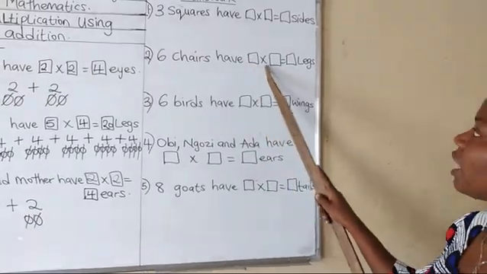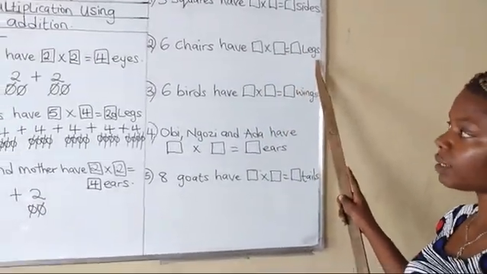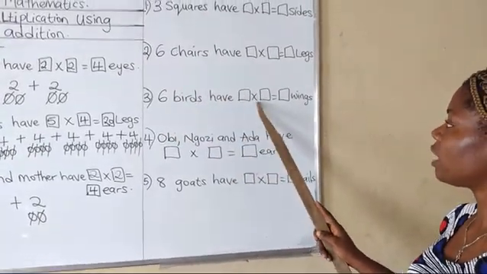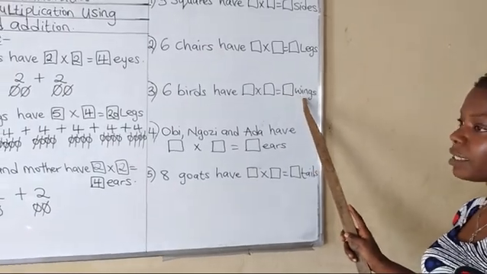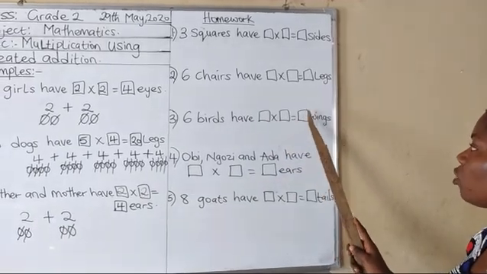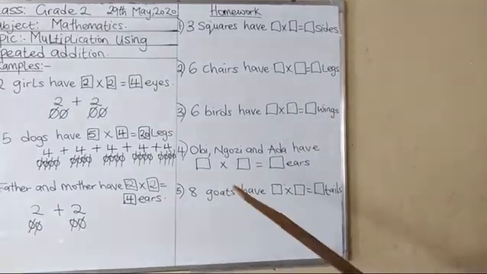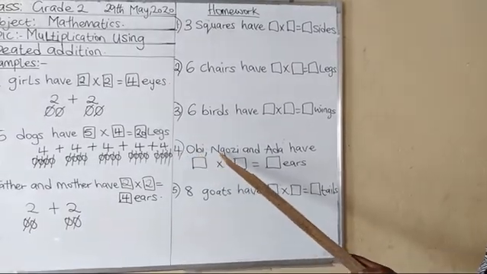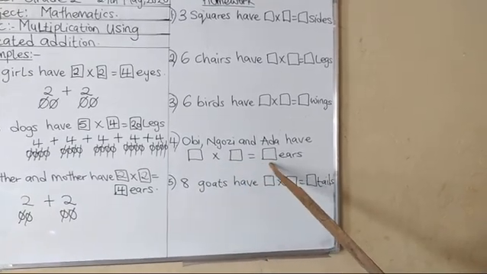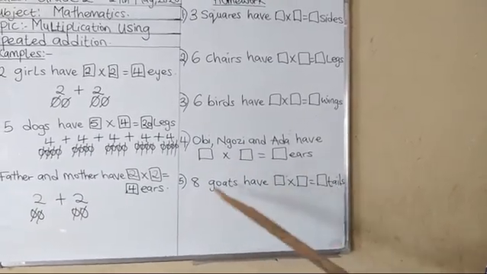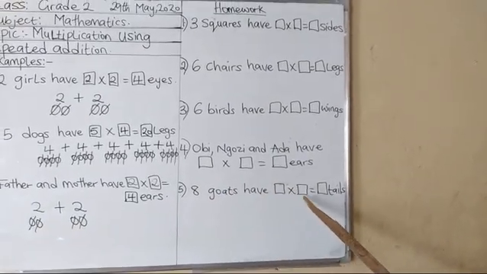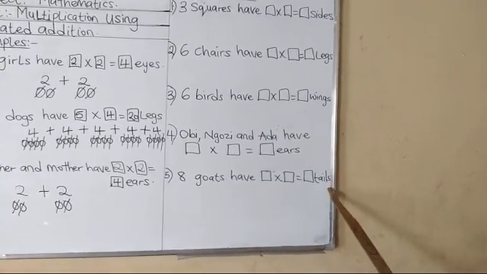Number three, 6 birds have box times box equal to box wings. Then number four, Obi, Ngozi, and Ada have box times box equal to box ears. Number five, 8 goats have box times box equal to box tails.